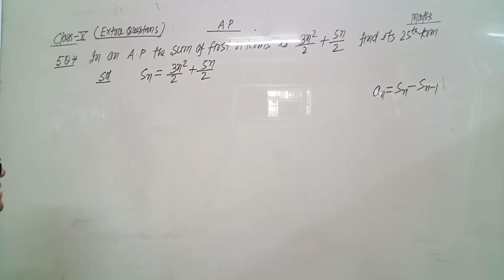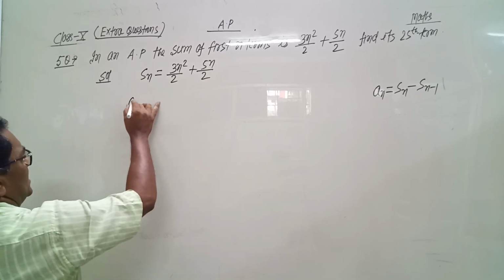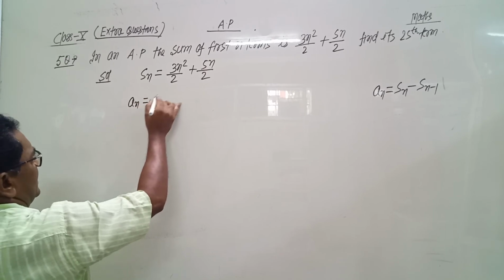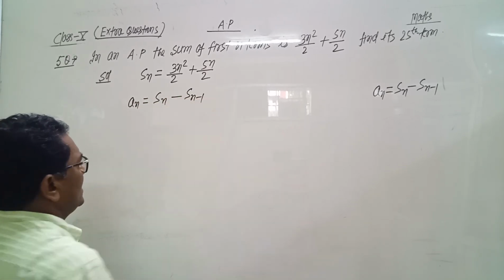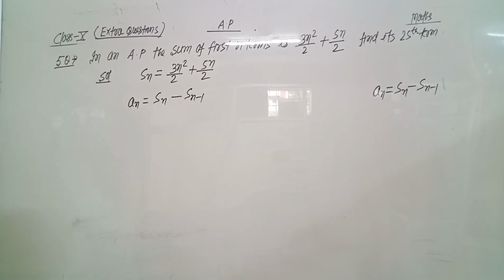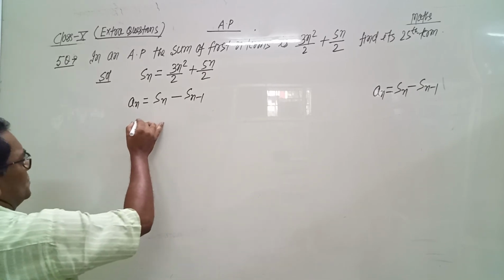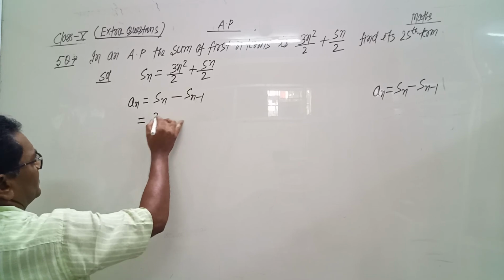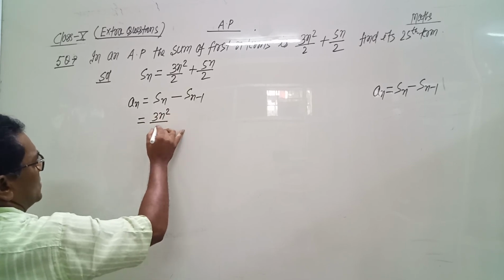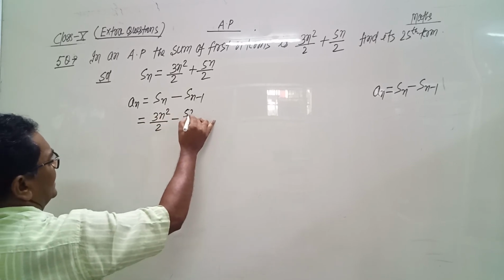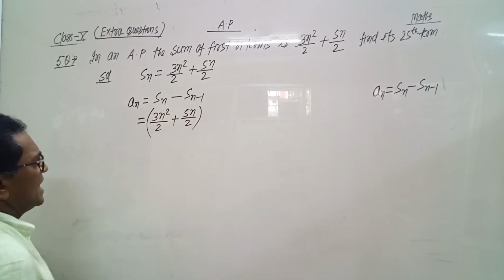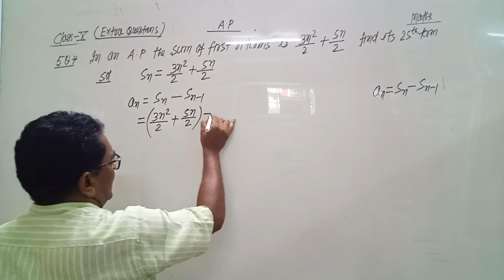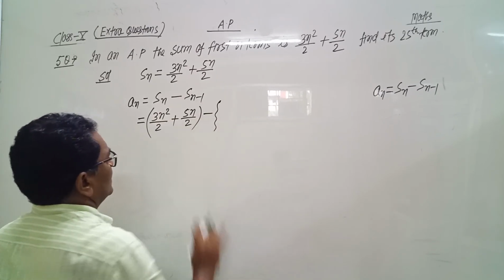So we use the formula An equals Sn minus Sn minus 1, and firstly we calculate the value of An. So put the value of Sn, which is 3n square by 2 plus 5n by 2, and minus Sn minus 1.